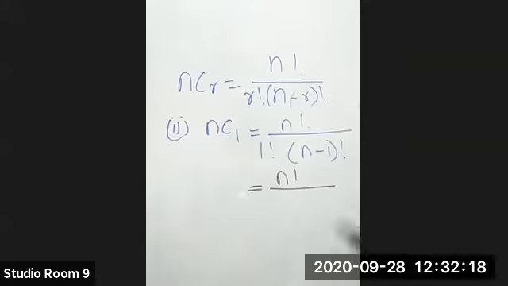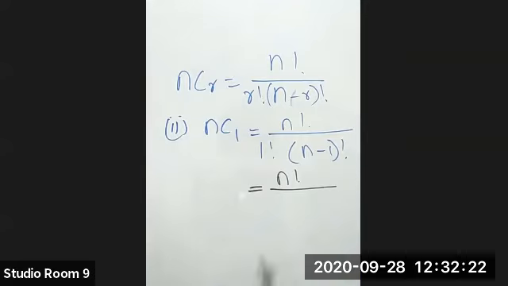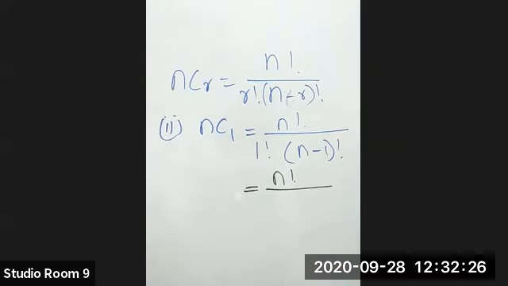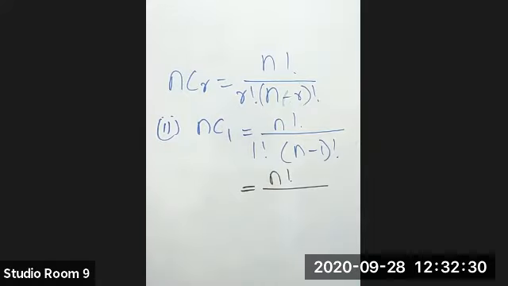So NCR is n factorial by r factorial into n minus r factorial. In the place of r, you put 1. So when you put 1, what you will get, Annette? N factorial by 1 factorial into n minus 1 factorial, isn't it? Annette, is it clear? Yes, ma'am. So there is no 0 factorial you are getting.